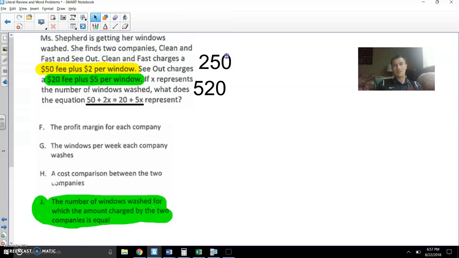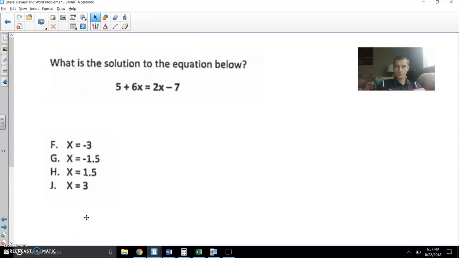So what happens in a lot of cases is that one is better than the other, but it depends on how many hours or how many windows or how many of whatever you're wanting to purchase. And so it's real important to think through the pricing because you don't want to spend more money than you need to. So that one's more about when the company's cost is equal.